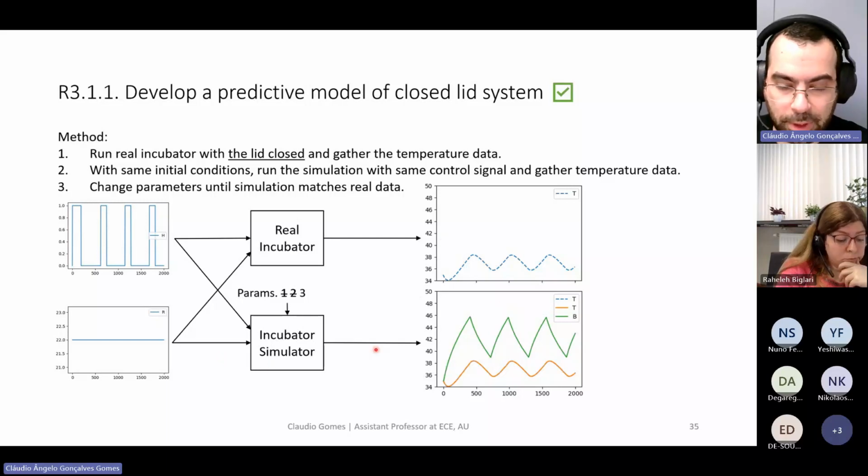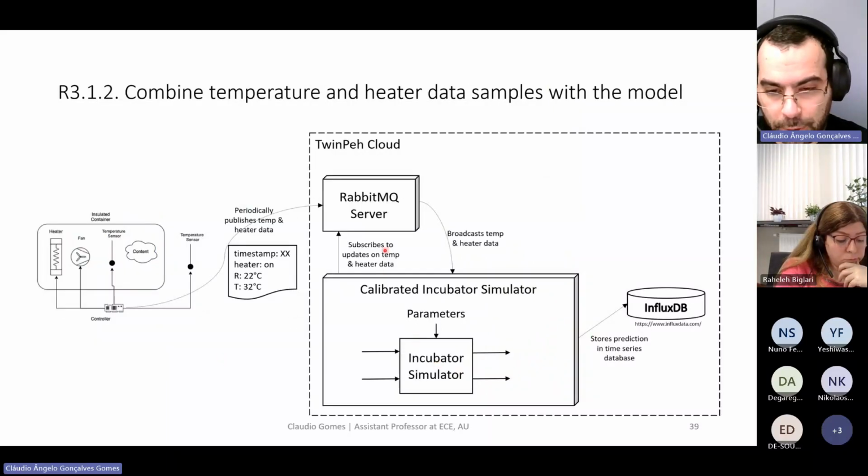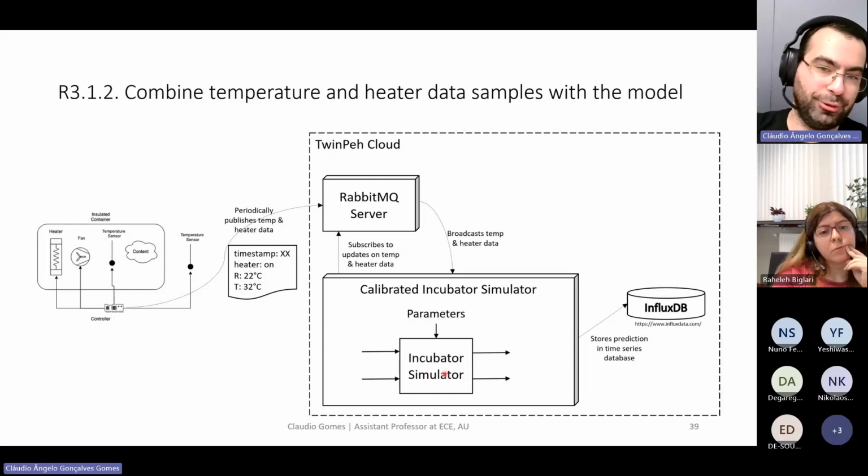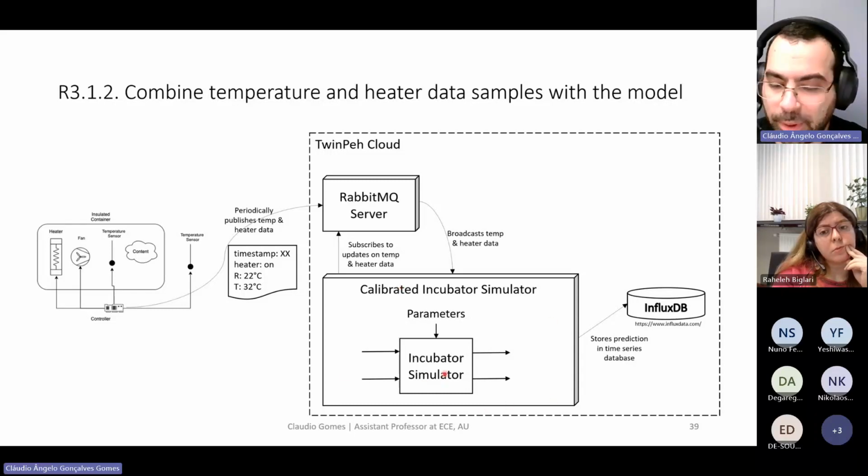Once we have this model, we need to solve another problem. My monitoring service that will be checking if the lid is open will be running 24/7, right? So I can't just run a simulation in parallel with the physical twin and totally ignore the values coming from the physical twin.